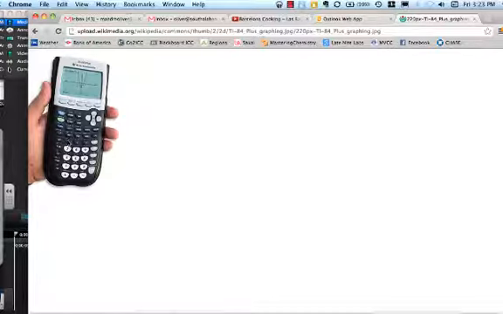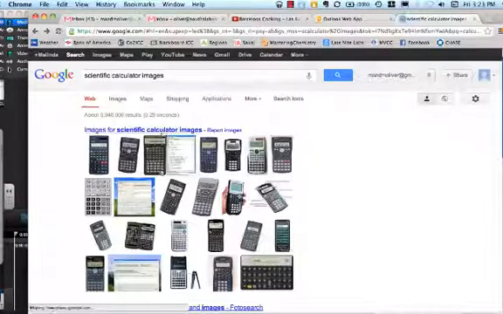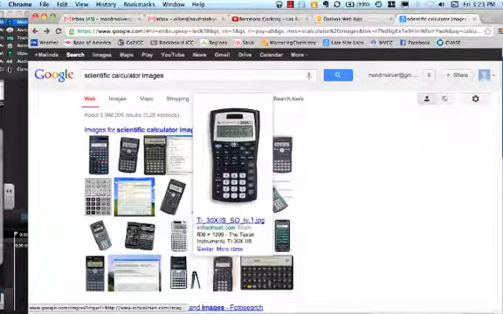So if I were doing my 3.1 times 10 to the second, it would be 3.1 second EE, which is right here, kind of in the left in the middle, and then 2. All right, that's how I put that number into the calculator. And then from there on, it's the same as if you were doing any other calculation. If you're adding, you press the add key, and so on.